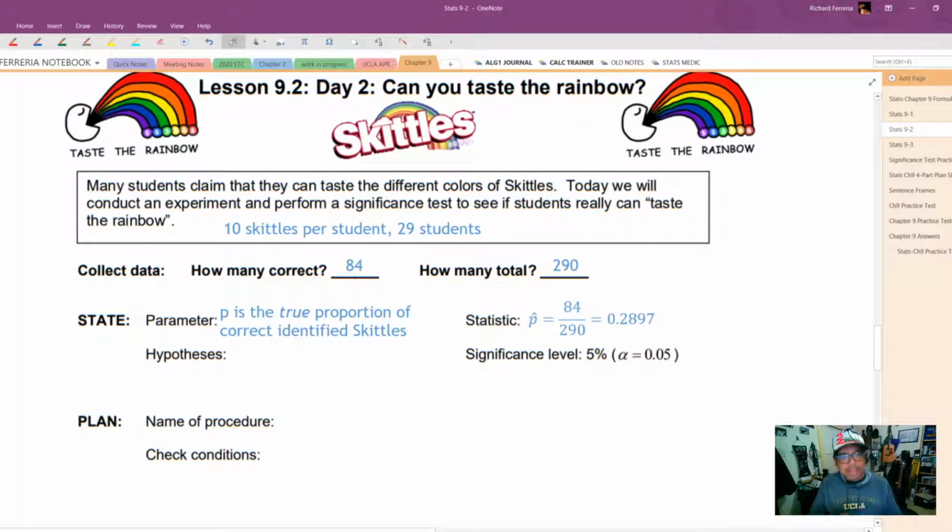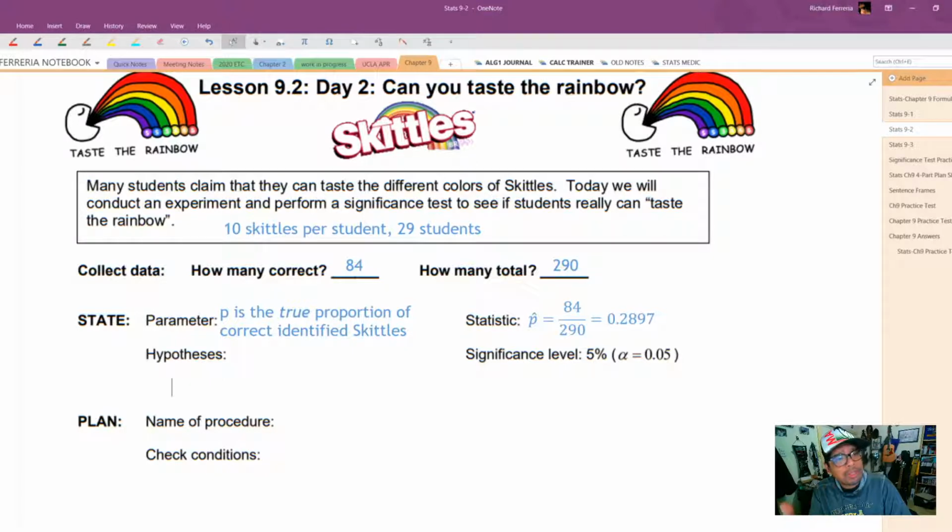To delve into that, there are 5 colors in the Skittles rainbow. And if you want to prove that you can actually taste the rainbow, then you have to assume that you cannot taste the rainbow.